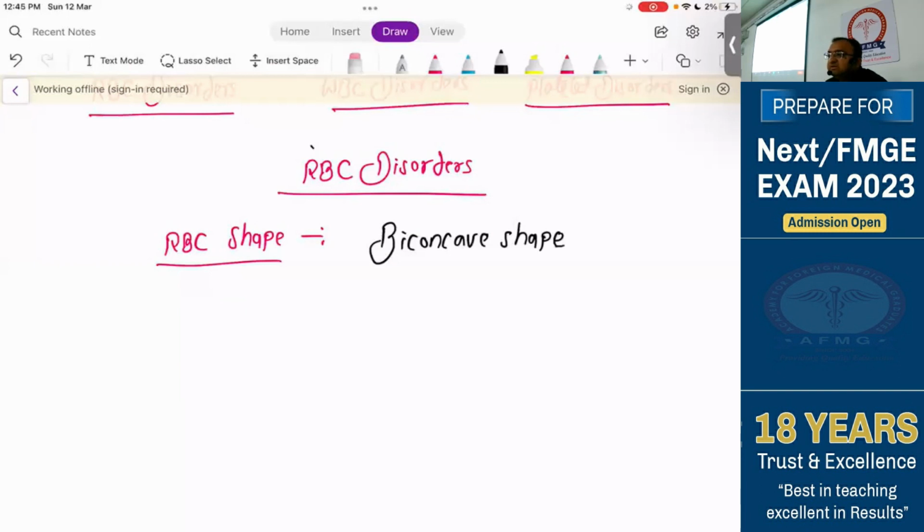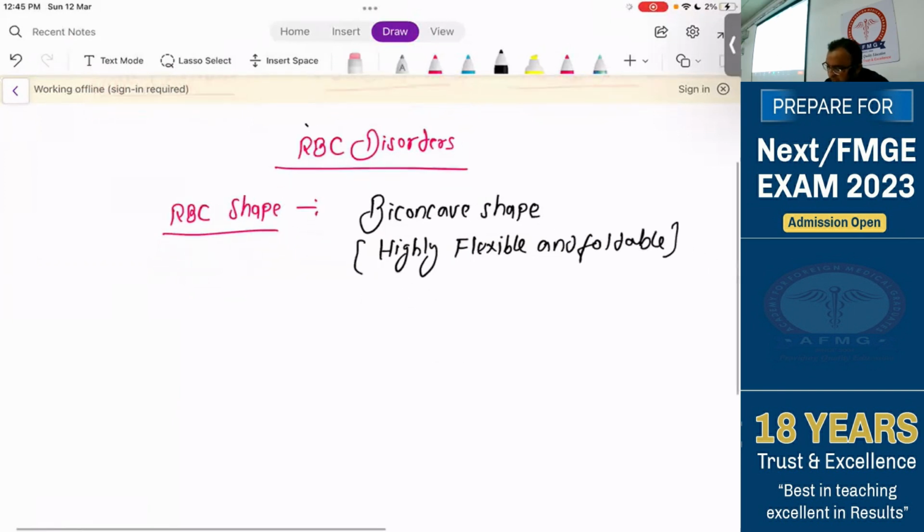Why not any other shape? Because this shape is highly flexible and foldable. It's a foldable, moldable, highly flexible cell, so that it can easily traverse even the smallest blood vessels. So that's why this kind of shape is given.